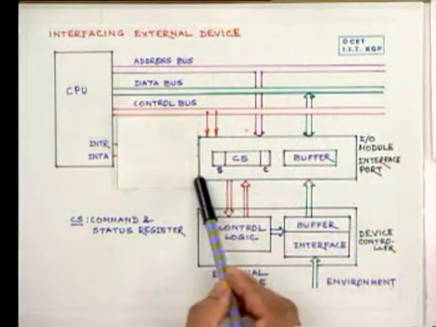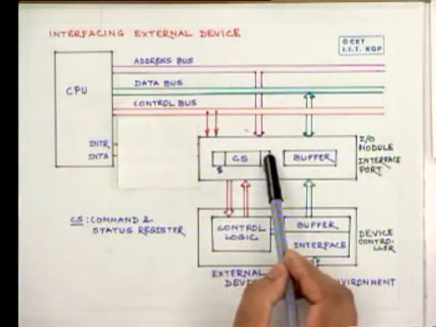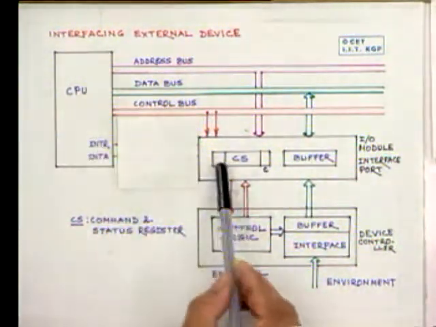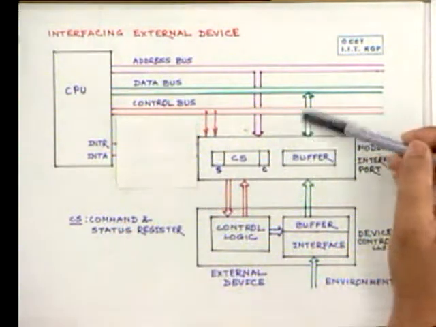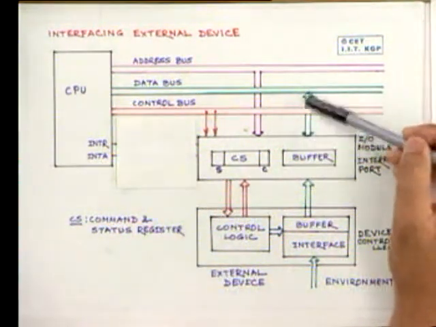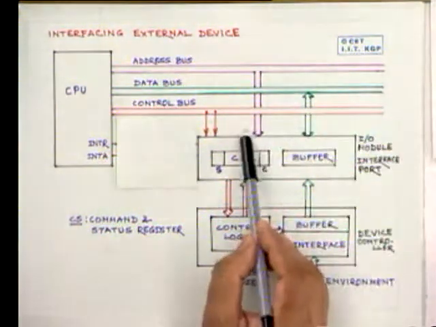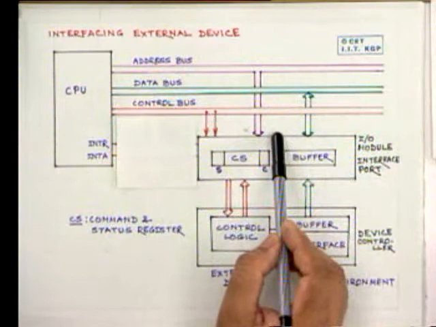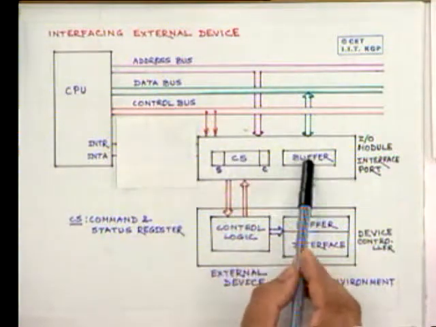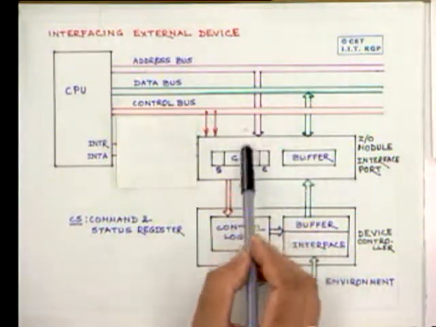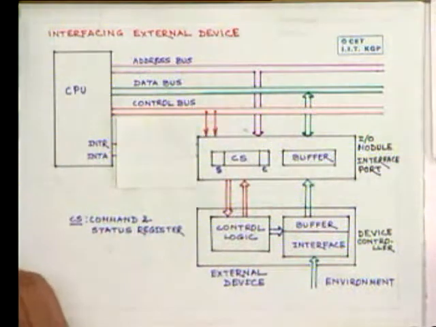This interface is now to be connected with the system. Therefore, this interface is connected to the data bus, and the data is transferred over the data bus. It is connected to the address bus, where naturally an address decoder will be there, and these registers should be addressable by the CPU instruction.